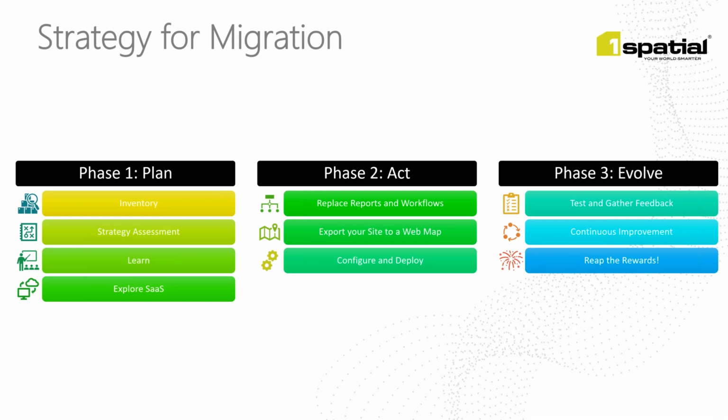Start rewriting reports, print templates and workflows. Export your site to a web map using the tools I mentioned earlier. And then configure and deploy your apps using the new deployment mechanism. And then you'll be able to evolve them further with continuous improvement and gathering feedback from your users. And then obviously you'll reap the rewards with this going forward.